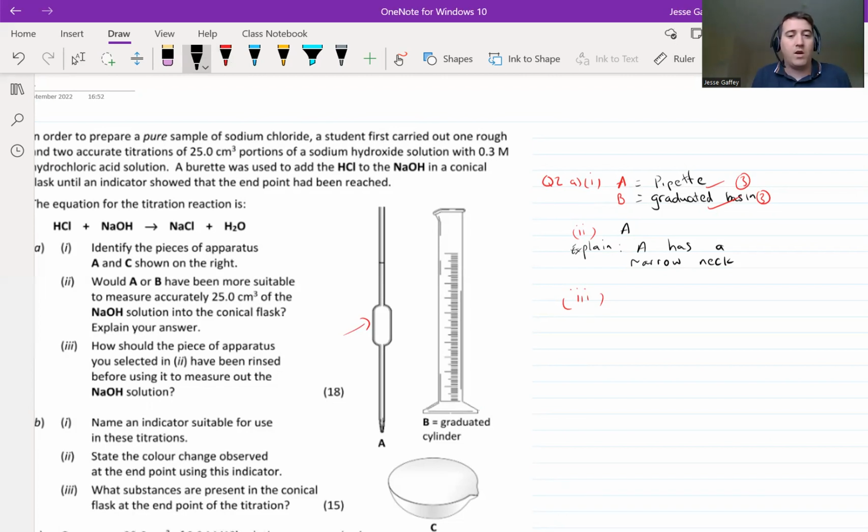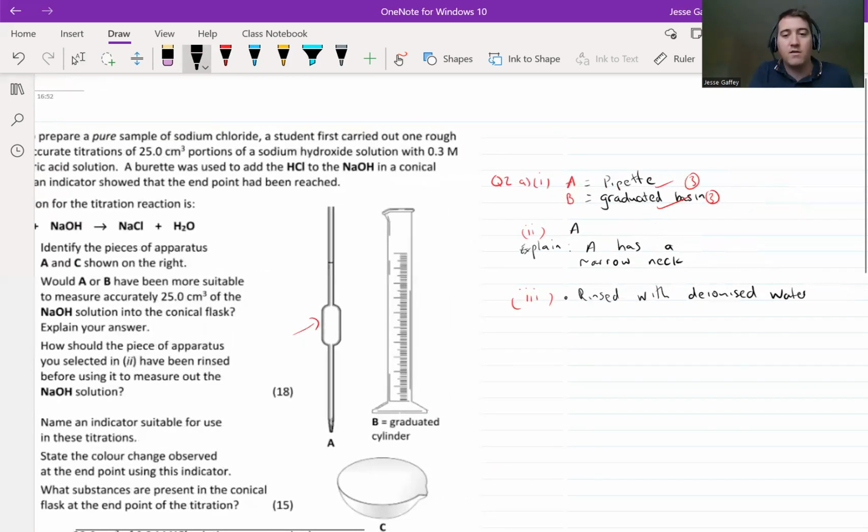Okay, so hopefully what you said here is that it should have been rinsed first with deionized water, and then rinse with the solution it's going to contain. Now, in this case, which one has been added to the conical flask?